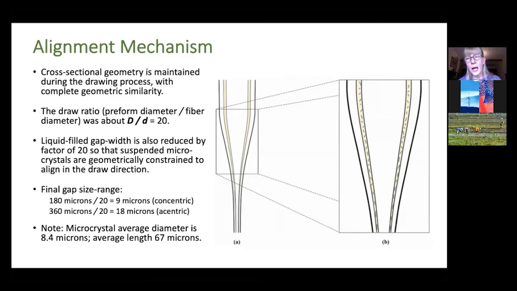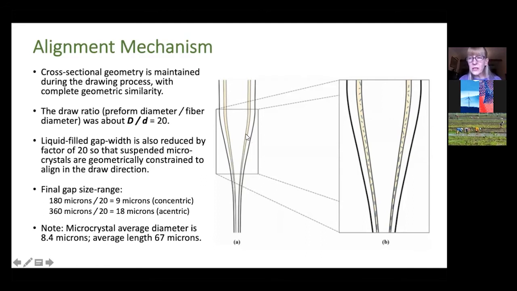So another key difference between this drawing process and the extrusion process that I showed previously is that this polymer material doesn't really go through a melt. It's a glass transition. And so the material becomes soft and it can be pulled and permanently stretched, but it's not as though this polymer can flow like a liquid.